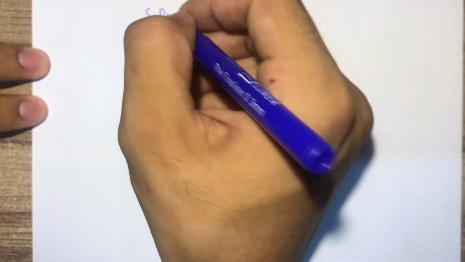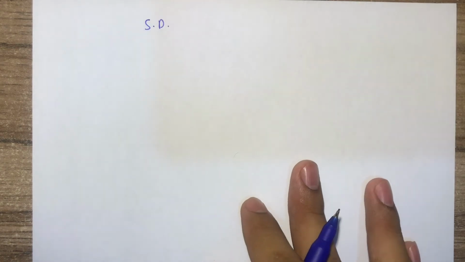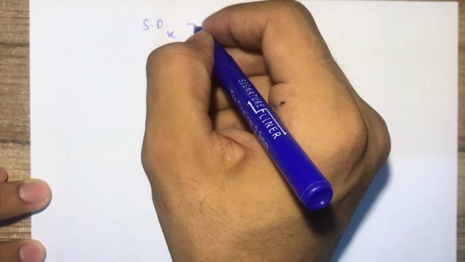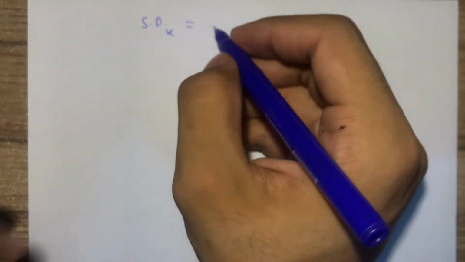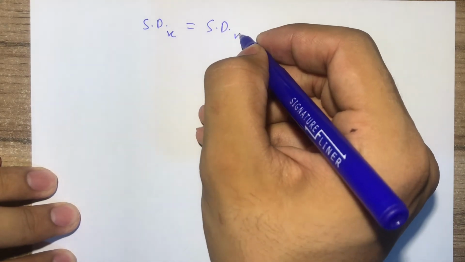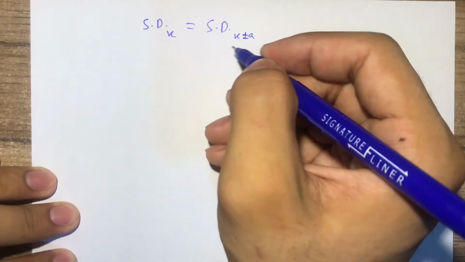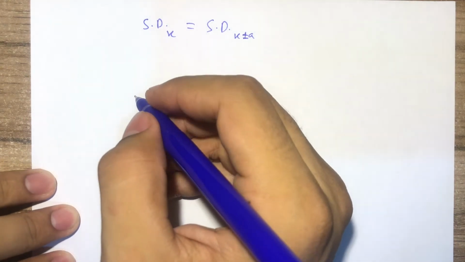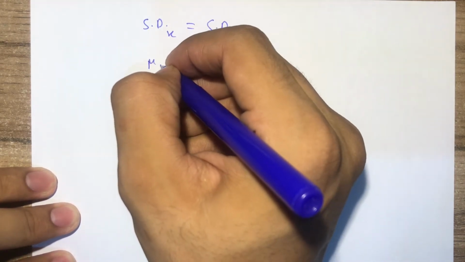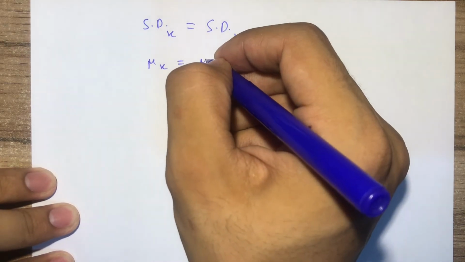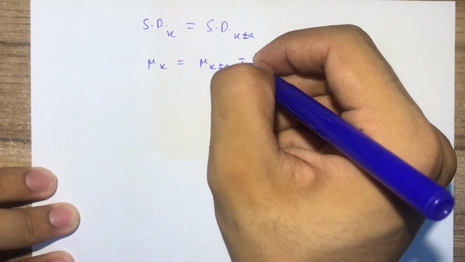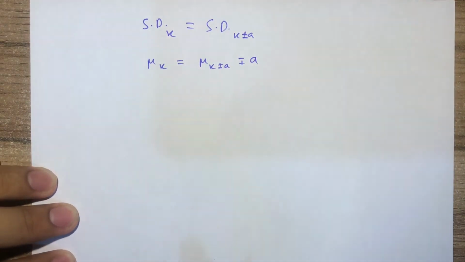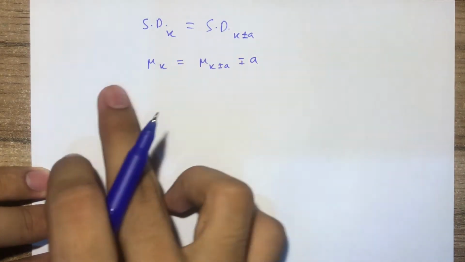So basically what happens is that standard deviation of data, if it's x, is equals to the standard deviation if the data is x plus minus a, right? But the mean will change. So mean of x will be equal to mean of x plus minus a, minus plus a. So I'll explain. This is simple. I'll explain this more.